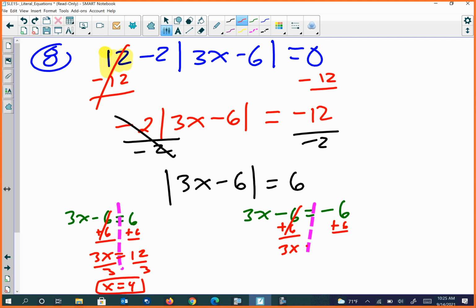Now, a lot of students kind of freak out going, wait, 3x is equal to 0. Yeah, that means what number times 3 equals 0? 0, right. So technically, you're dividing each side by 3, so 0 divided by 3 is just 0. So I have two answers. I have one that happens to be 4 and one that happens to be 0.